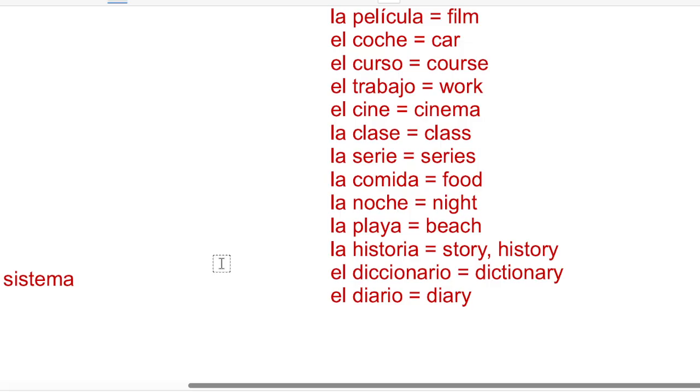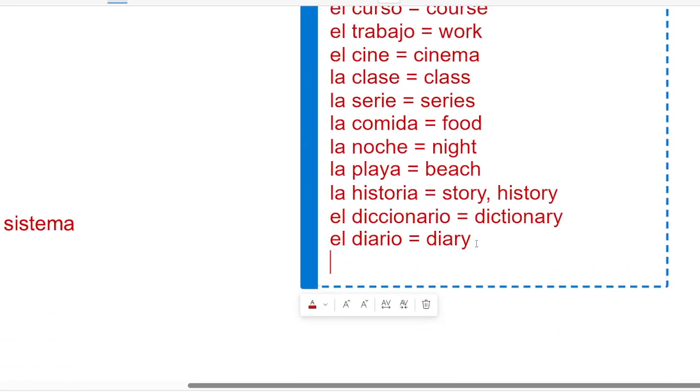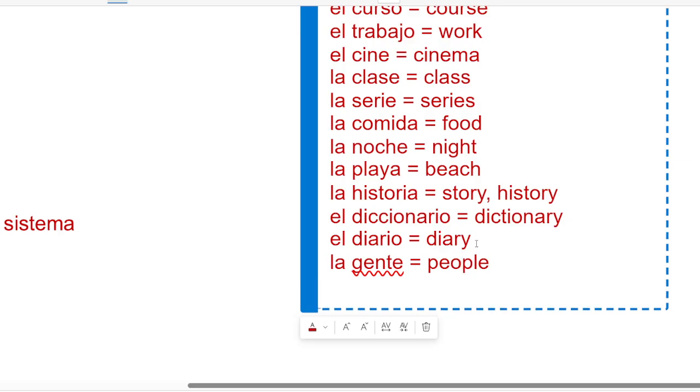diario. Okay. So all these words, you can also include the few more words we have learned, like la gente. It is person or people. Then we also talked about idioma. Idioma is your language.